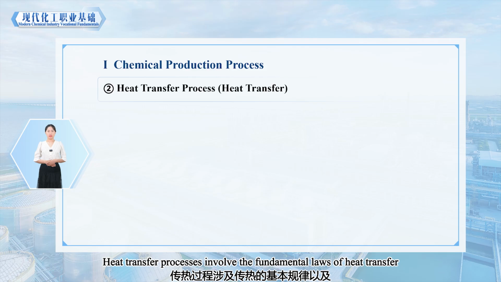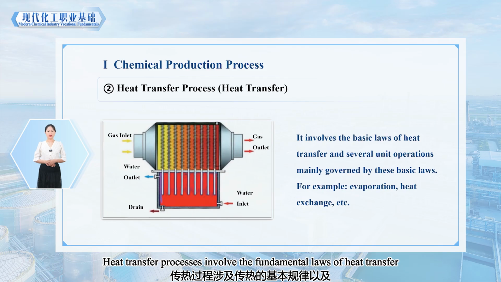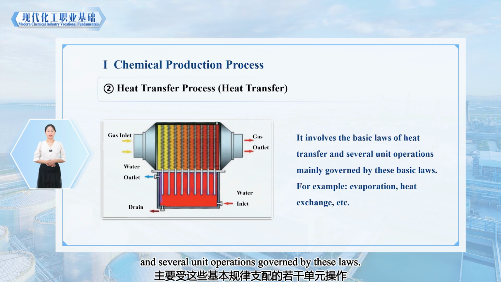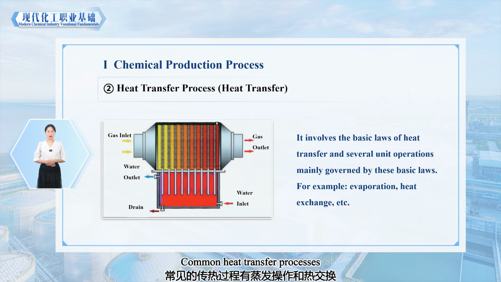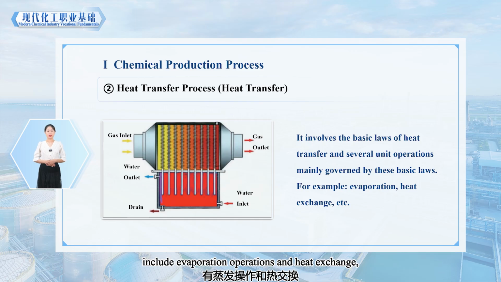Heat transfer processes involve the fundamental laws of heat transfer, and several unit operations governed by these laws. Common heat transfer processes include evaporation operations and heat exchange. For example, in a salt production plant, seawater is heated to cause the evaporation of water, leaving behind salt, thereby obtaining crude salt.